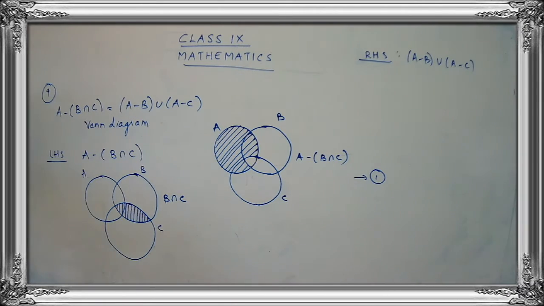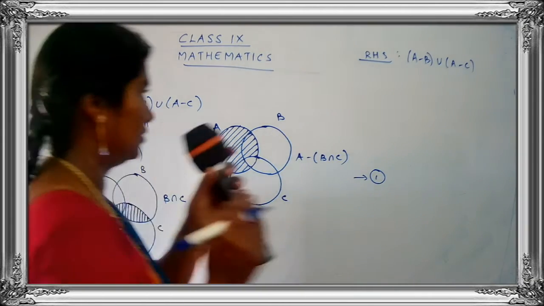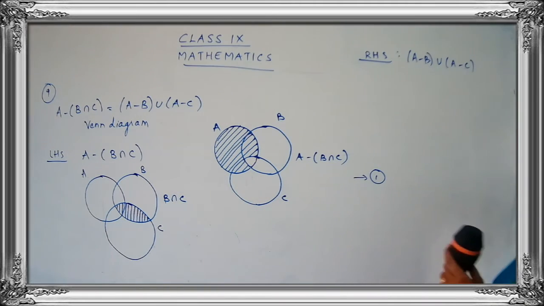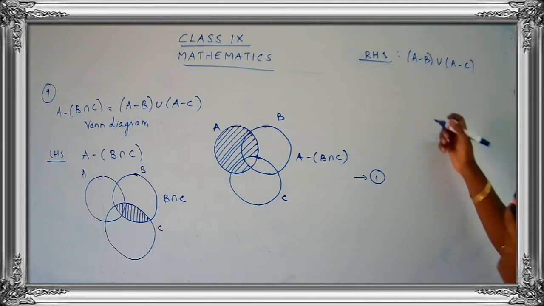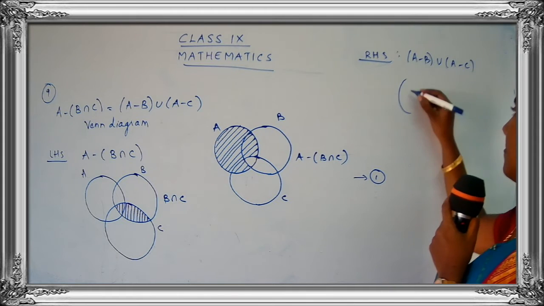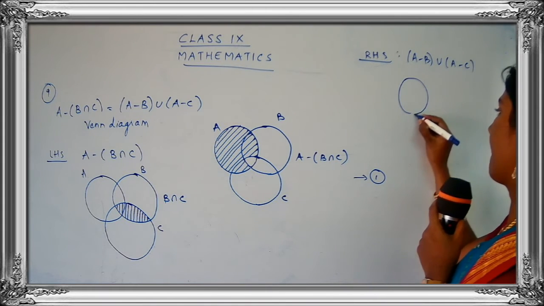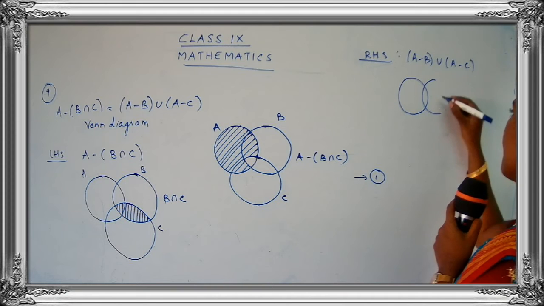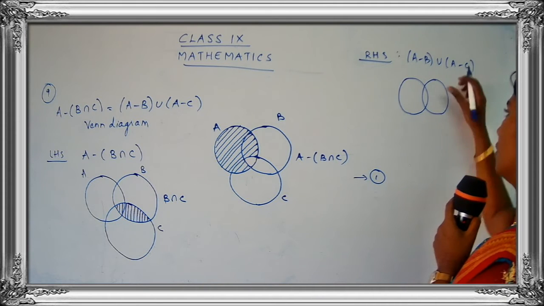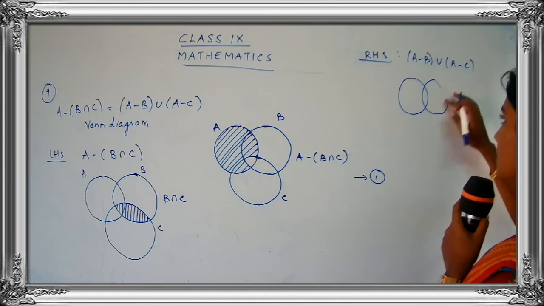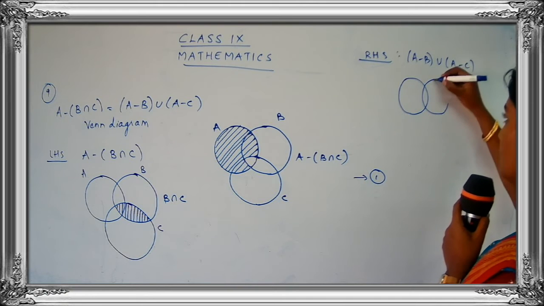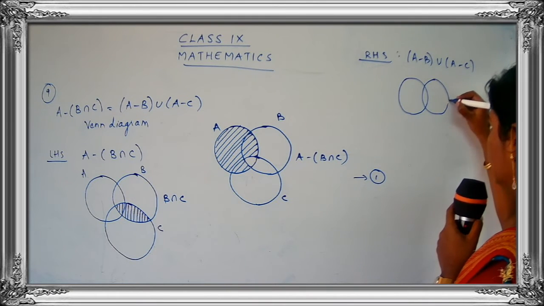Okay, let's draw the figure. Don't draw 2 sets because here for this property we are dealing with 3 sets. So you have to show 3 sets.